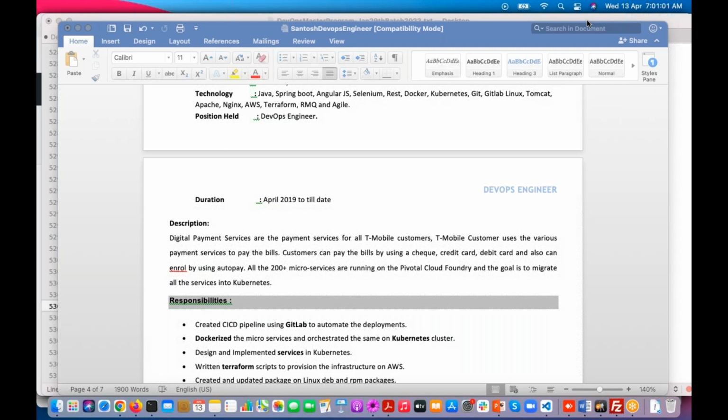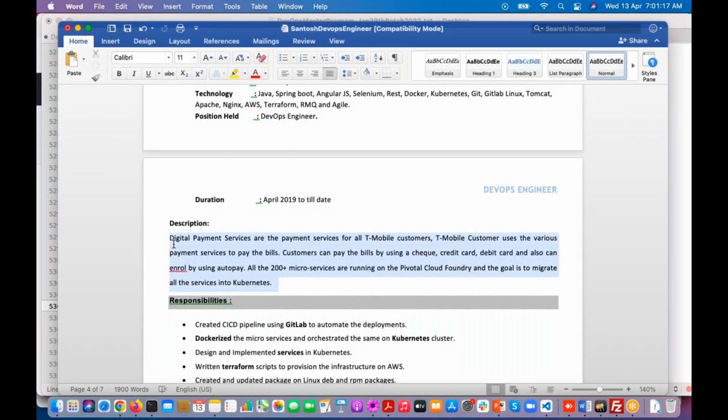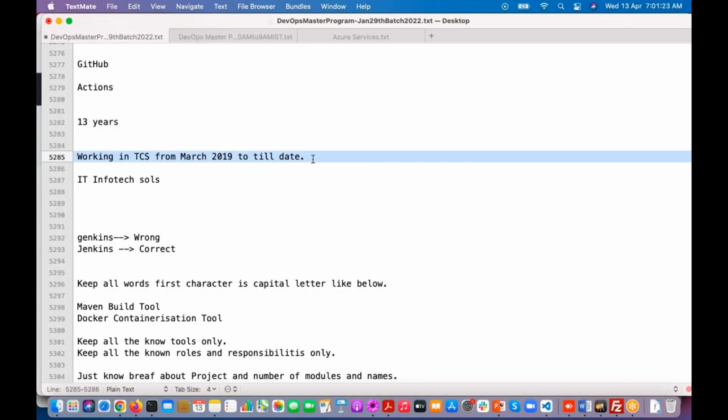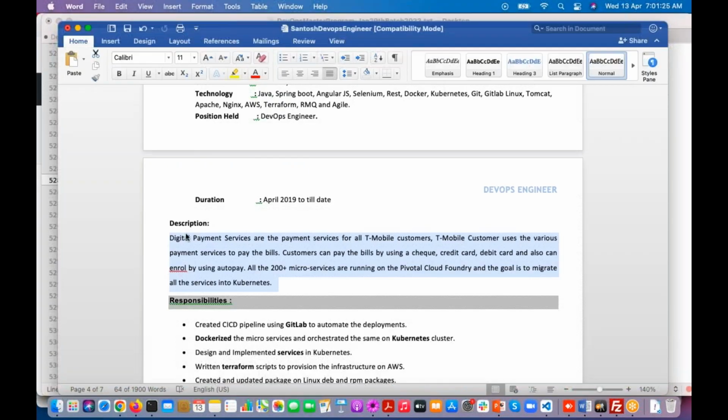Vijay Kumar Patil is asking, is it necessary to have projects relevant to the company in which we are about to face the interview? So see, even the interviewer doesn't know whether this project is being developed in that particular company. Suppose you mention that you are currently working in this company, and you keep this project.